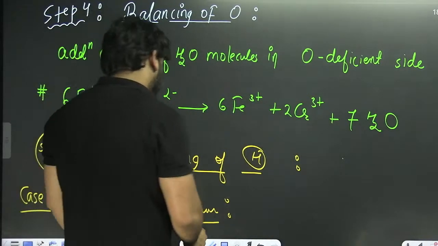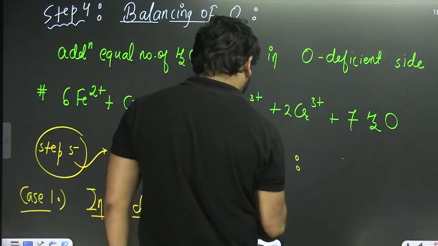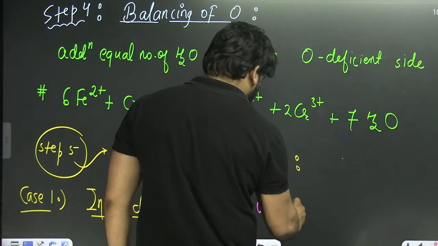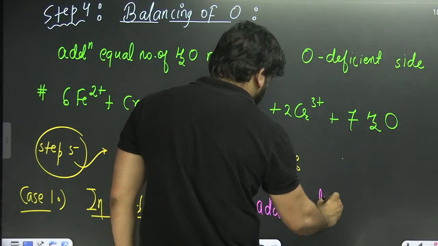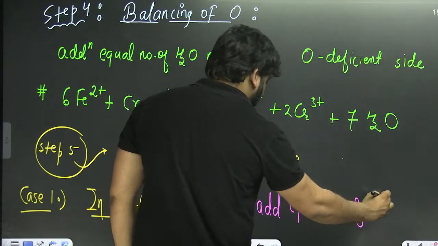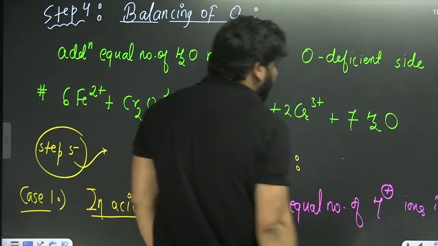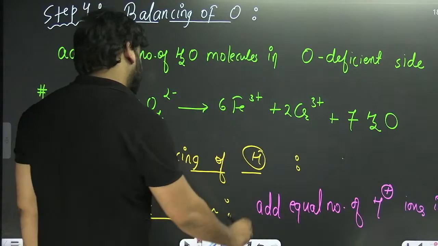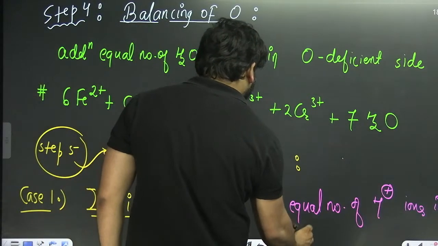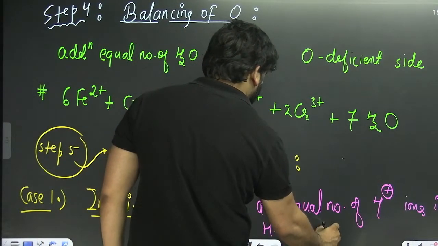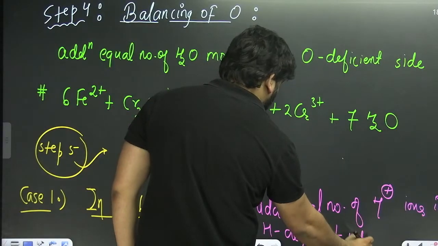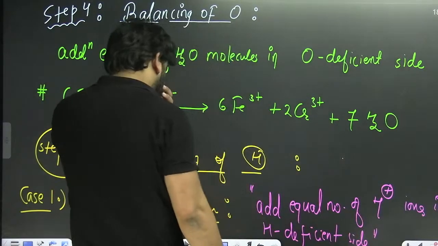Just simply add an equal number of H plus ions in the hydrogen deficient side.